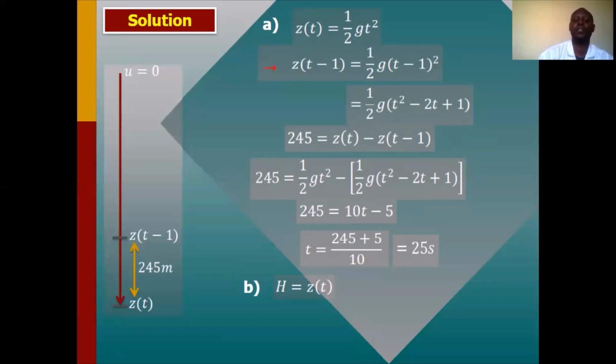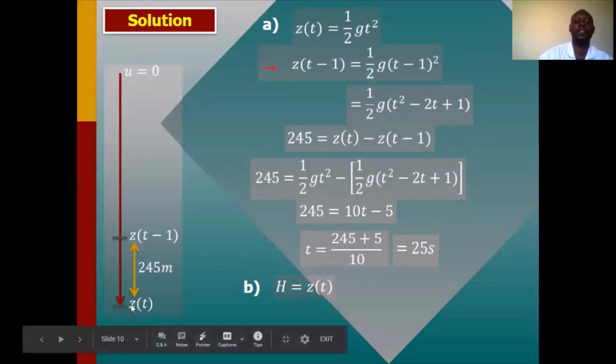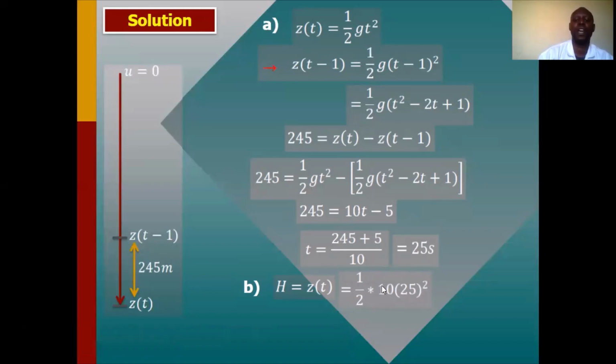And for part B, we are asked to find the height. The total height from the initial to the end is equivalent to the position Z as a function of t. Replacing the value of time into this equation, we have 1 over 2 times 10 times 25 squared, which is 3,125 meters.